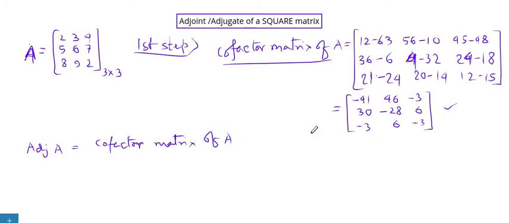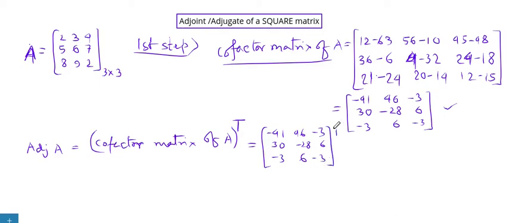I have already found the cofactor matrix: minus 41, 46, minus 3, 30, minus 28, 6, minus 3, 6, minus 3.